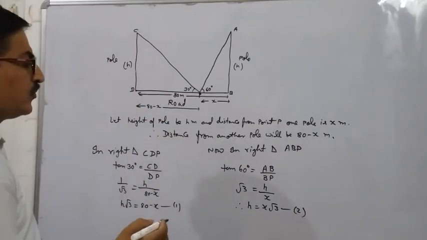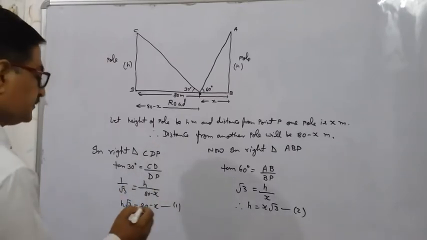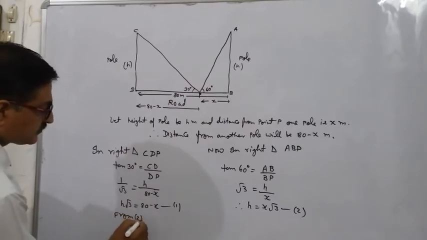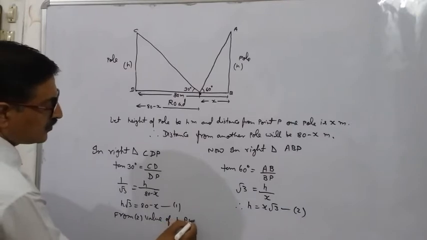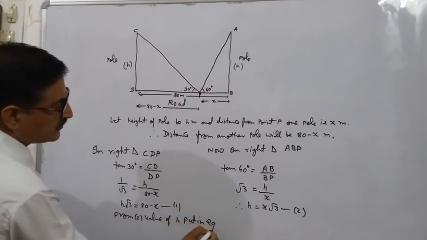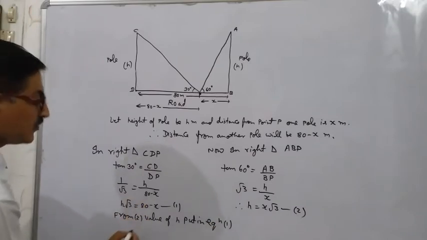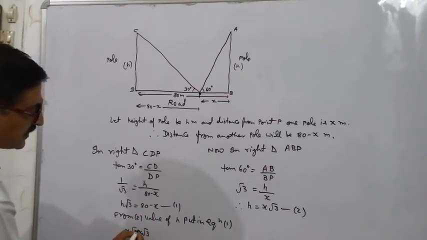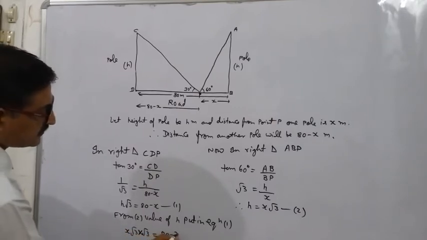From 2, we put the value of h in equation 1. In place of h write x root 3. So x root 3 into root 3 equals 80 minus x.